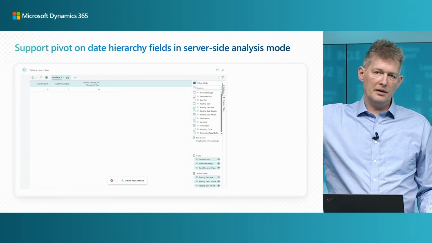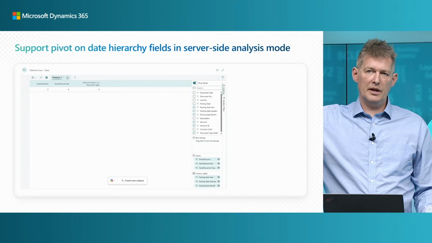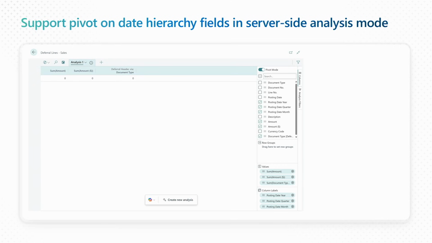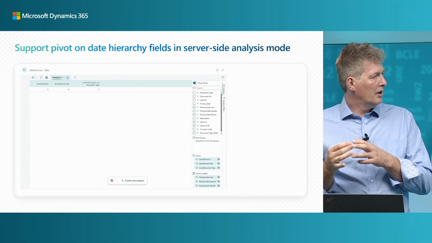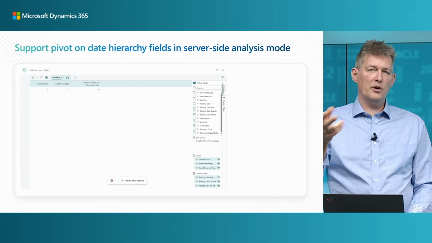Yeah. Another thing we did is, you see it in the data analysis mode when you take something into analysis mode in 3 ways: either on a query, or if server-side analysis mode is when you have more than 100,000 rows, or if you join to a related table.